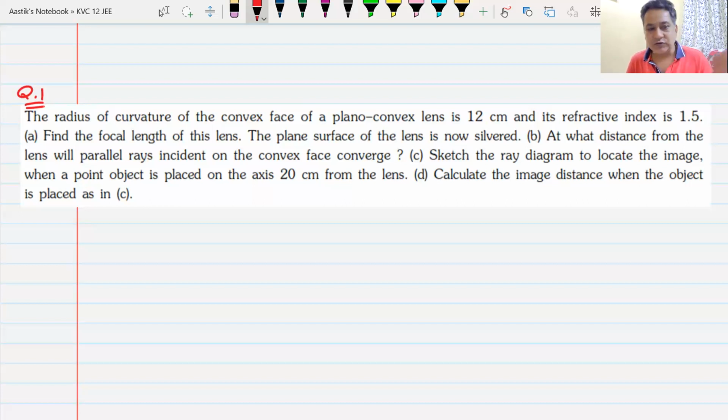Sketch the ray diagram. You don't have to do it. Calculate the image distance when the object is placed at a distance of 20 centimeters from the lens. That is the part that is important. So you have part A, part B, part C is not to be done, and part D. It will test everything that we have known so far about this.